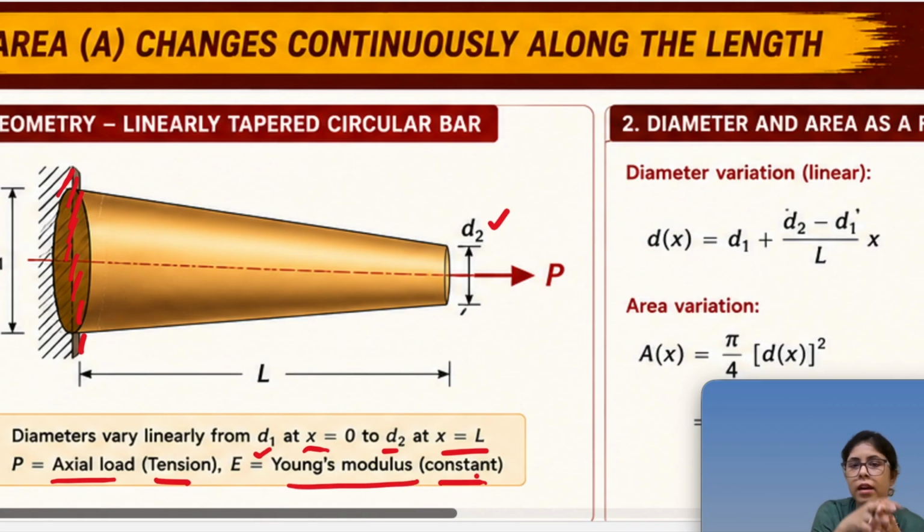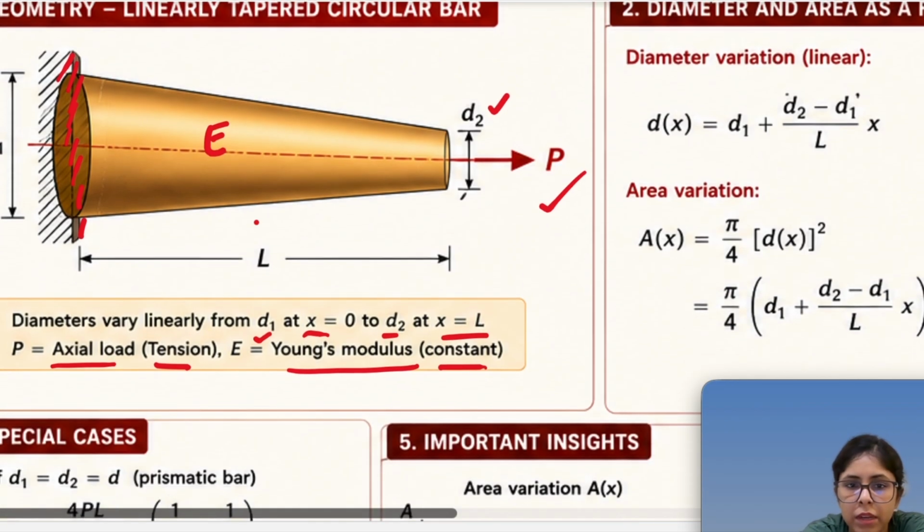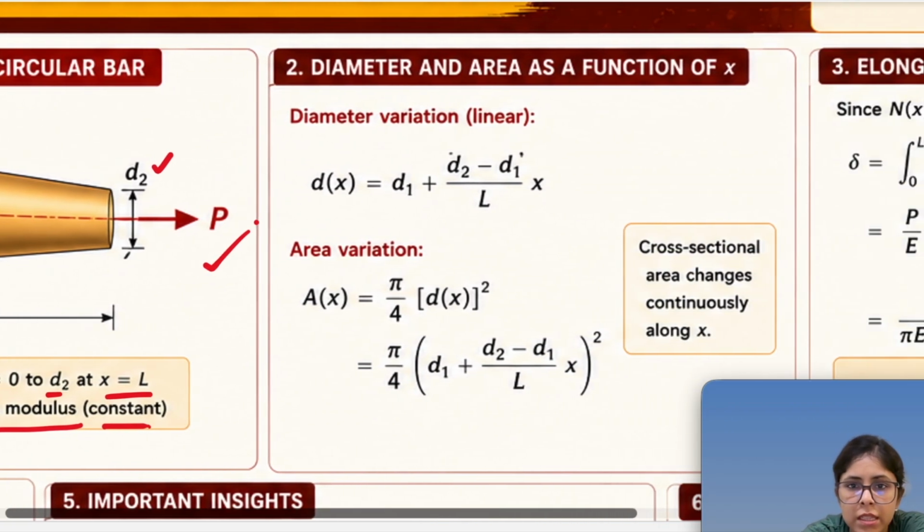So P is the axial load on this bar, and its Young's modulus is E. So it's a homogeneous material. Now can we express the diameter and area as a function of x?